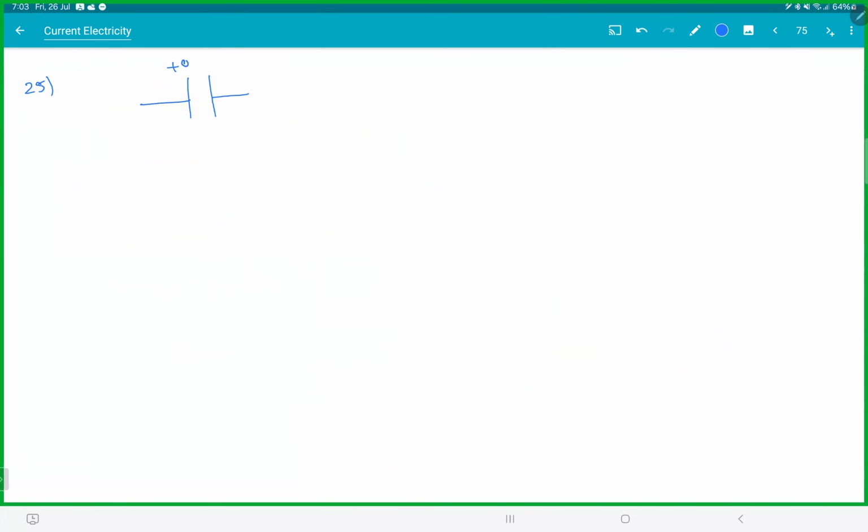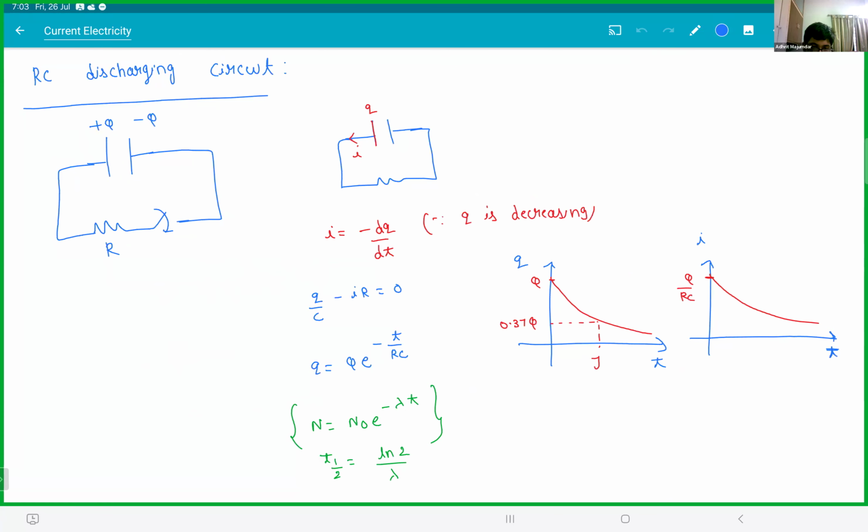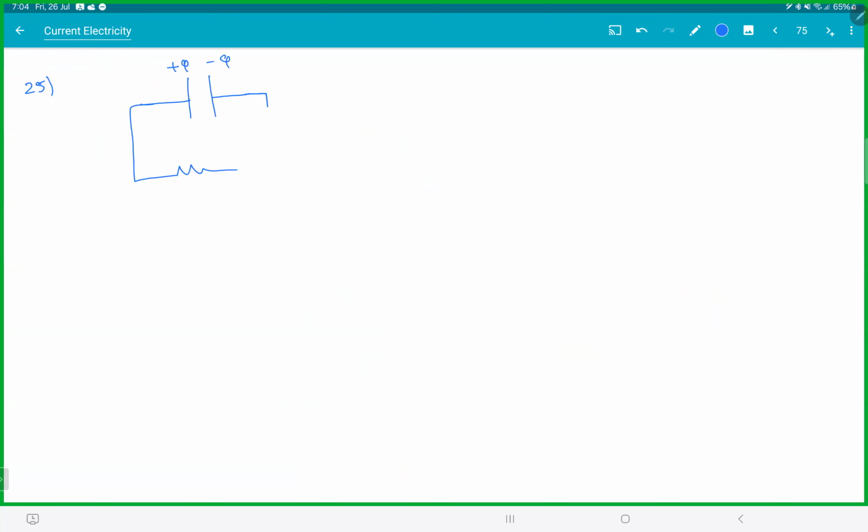We have a capacitor with plus Q and minus Q. Can you show the previous page? Done? Done. Switch here and this is R.